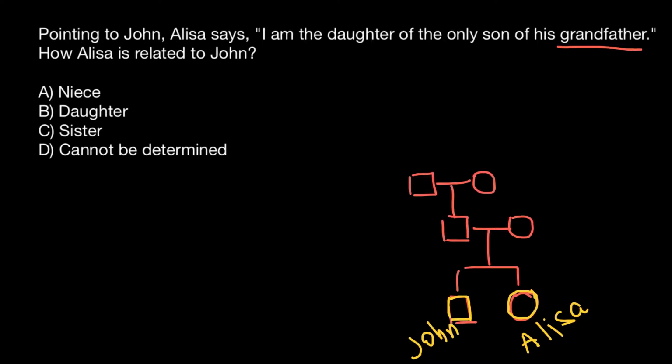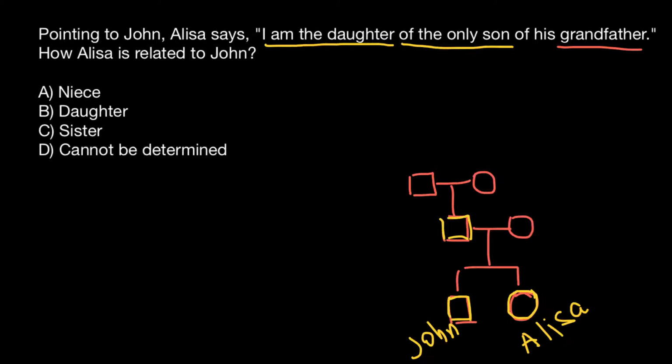So Alisa, pointing to John, is saying, "I am the daughter of the only son." And this person here is the only son of John's grandfather.